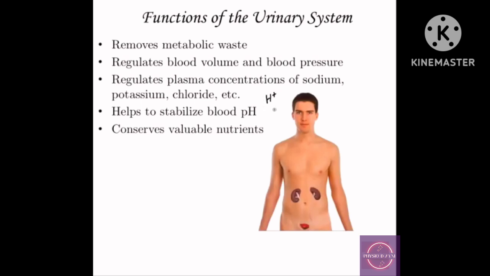If you know enough about pH, hanging on to H+ would make the blood slightly more acidic. Getting rid of it would make the blood slightly more basic. The normal pH for blood in the human body is 7.4 on the pH scale. That's slightly basic. It also conserves valuable nutrients. You want to hang on to certain things in your bloodstream and not get rid of them, and that comes down to kidney function.